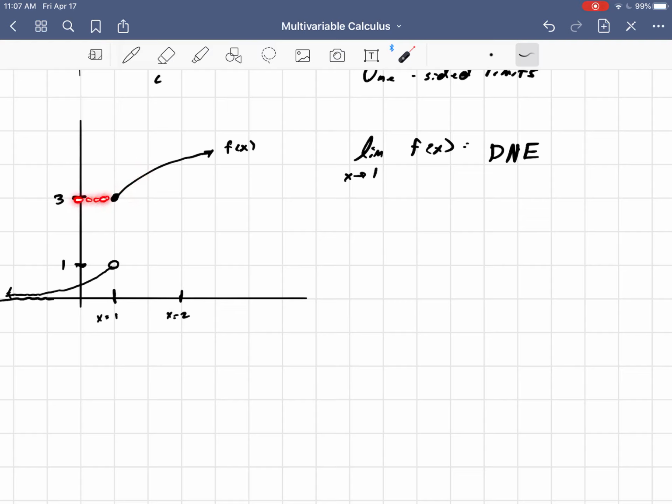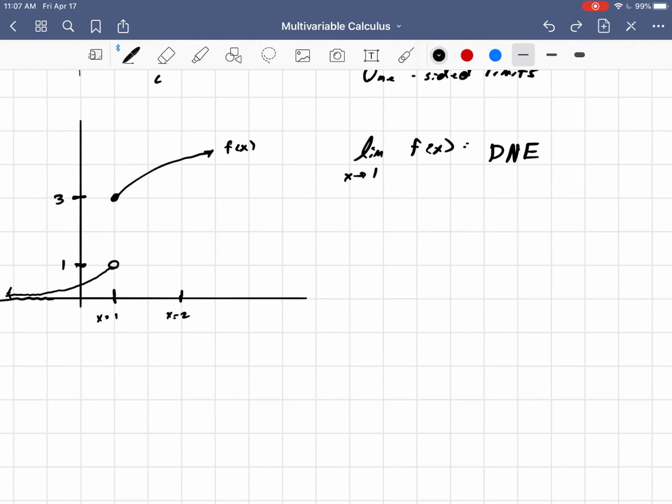As I approach x equals 1 from the left, what I'm approaching here is this y equals 1. But if I approach x equals 1 from the right, then what I'm approaching here is this y equals 3. I'm getting nowhere closer to this y equals 1 if I approach from the right of x equals 1. And likewise, I'm getting no closer to this y equals 3 right here if I approach from the left of x equals 1.